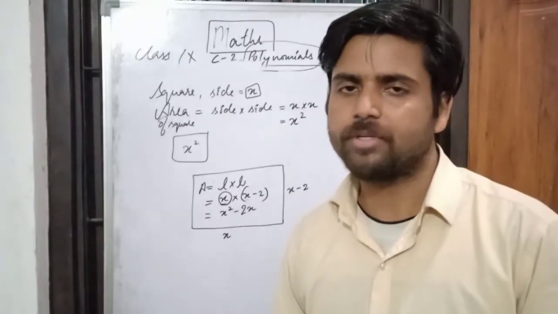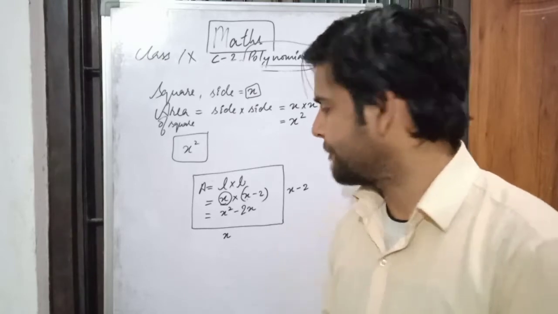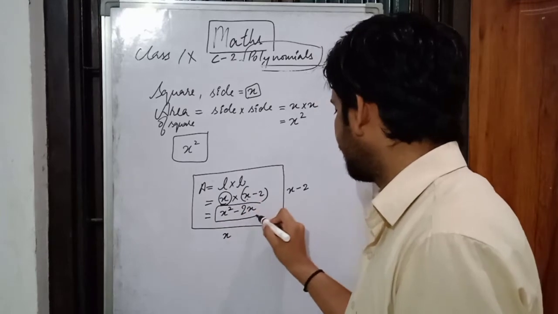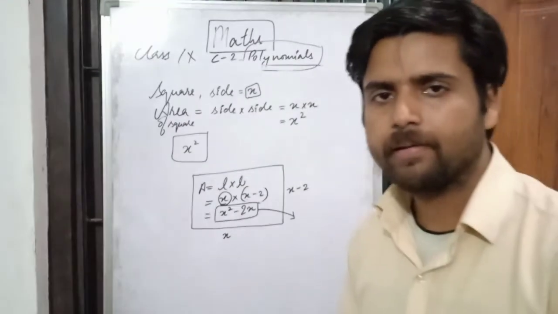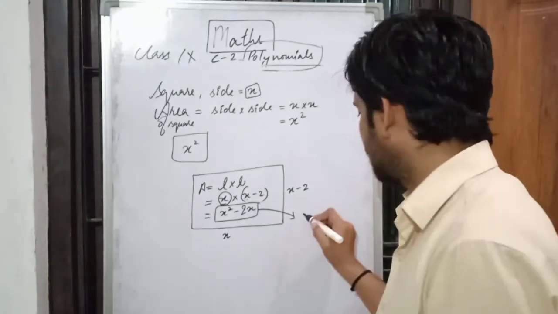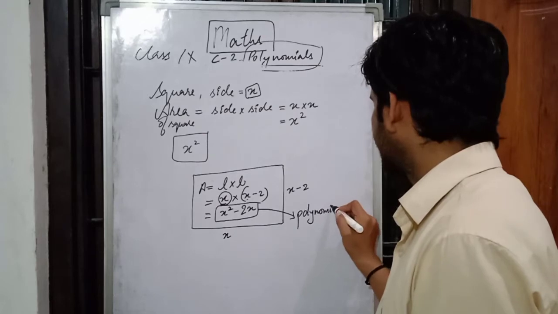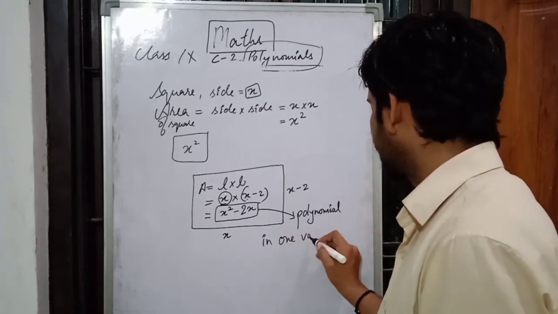X into 2 will be 2x. So now the expression that you are getting, the polynomial that you are getting, is also a polynomial in one variable.